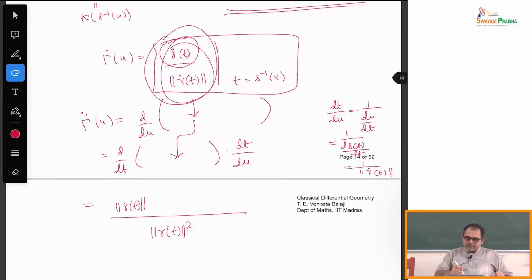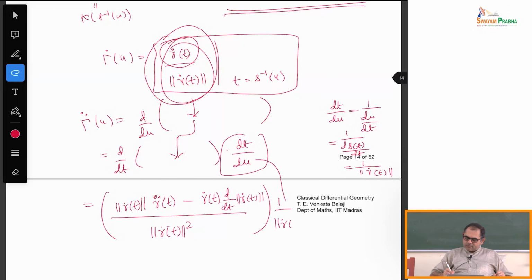So you see, you have norm gamma dot, and the numerator, I will get d by dt of gamma dot, I will get gamma double dot of t, minus, then I will get numerator constant times the derivative of the denominator. Okay, and then outside there is this guy, which is going to give me a 1 by norm gamma dot of t.